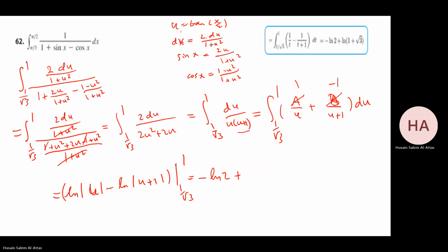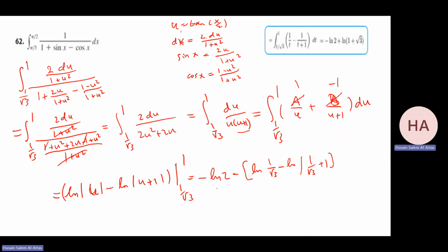plus, substitute the first limit, ln of 1 over square root of 3, minus ln 1 over square root of 3, minus ln of 1 over square root of 3 plus 1.